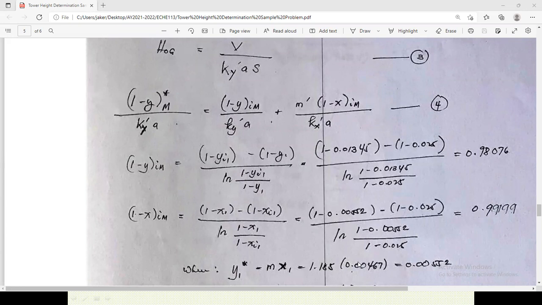So let's say we'll have an equation relating the y sub 1 asterisk to x sub 1. So in this case, your slope is the 1.185 and your x sub 1 is the x sub 1 that we determined from procedure 1. So your y sub 1 asterisk is 0.00552. Okay, so we don't have any problem with these two now. It's okay, but we have this one to determine yet. So let's check.